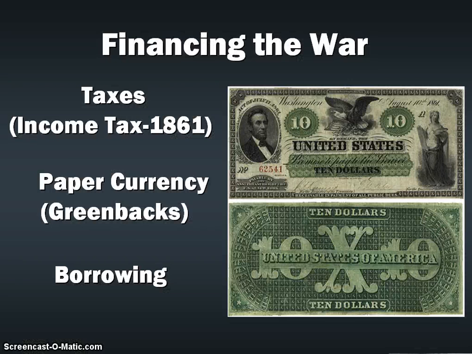All right, now, to finance the war, because war is expensive, and the United States is fielding a massive military, Army and Navy. And so, for the first time in American history, we have an income tax in 1861, and that's going to go to fund the war effort. We also have paper currency in the form of those greenbacks, and we have a lot of borrowing by the federal government.